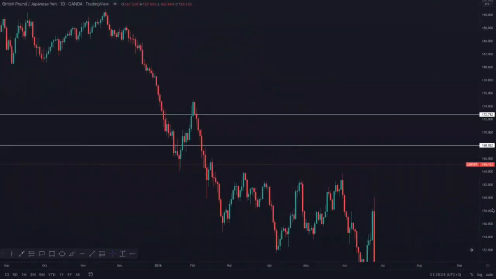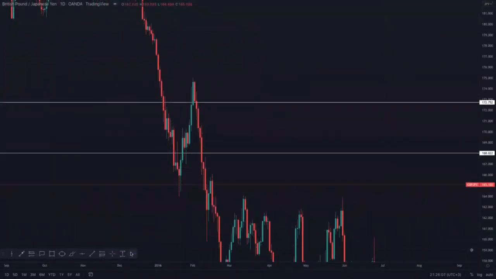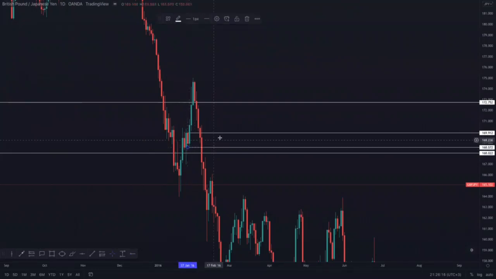Yes. Okay, so we can see that we have an invalidation right here. And at the same time, another entry, we have this break and retest structure right here.